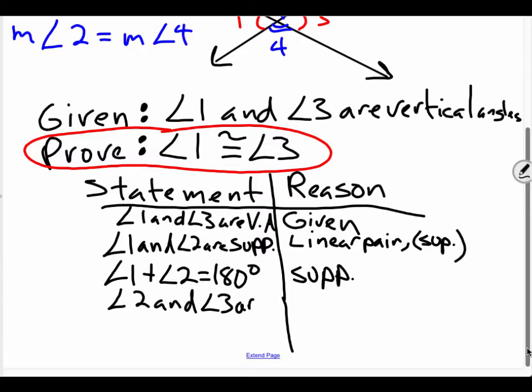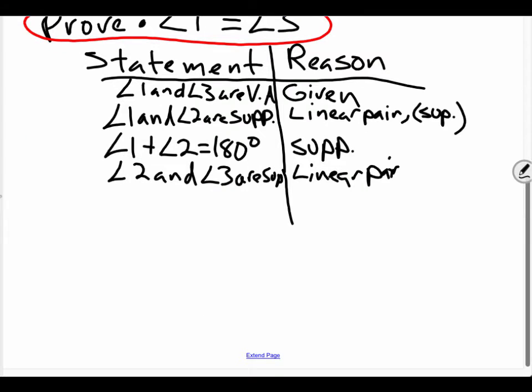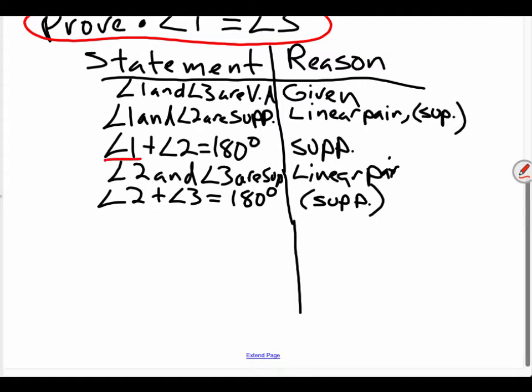And so that would mean that angle 2 plus angle 3 is also equal to 180 degrees, right? And so that's because linear pairs are supplementary. Okay? So this is equal to 180. This is also equal to 180.